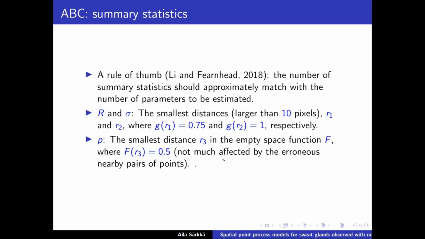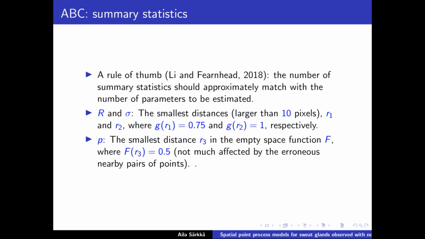And then to get some idea of the activation probability, we could take the number of points, the number of gland locations that you observe, but we know that there are some extra points, and that's why we didn't want to take the number of points. We looked at the empty space function instead.